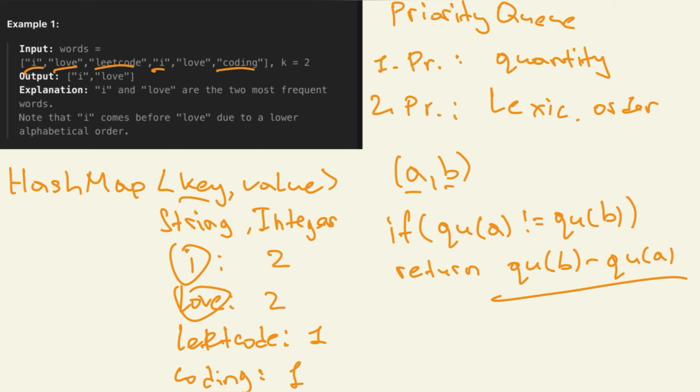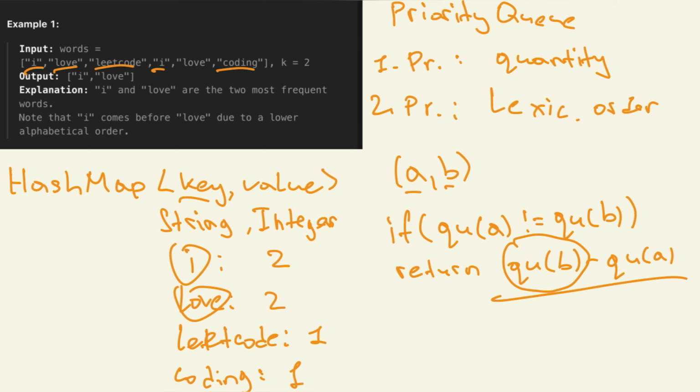If the return value is positive, the queue puts the value of B on the parent node.